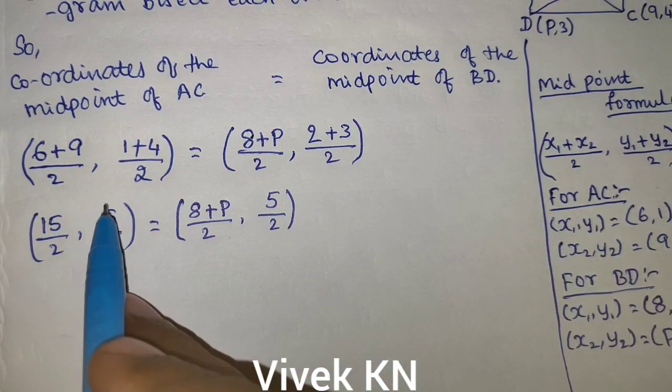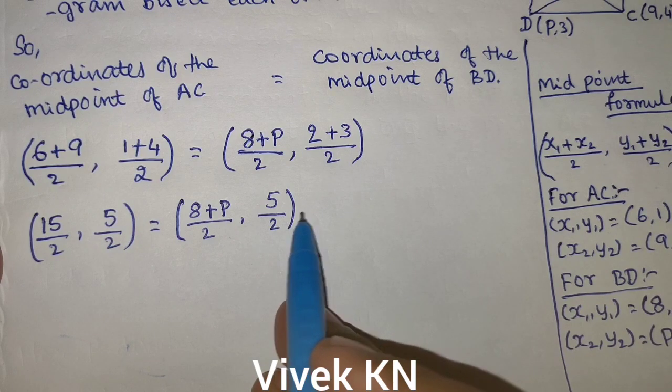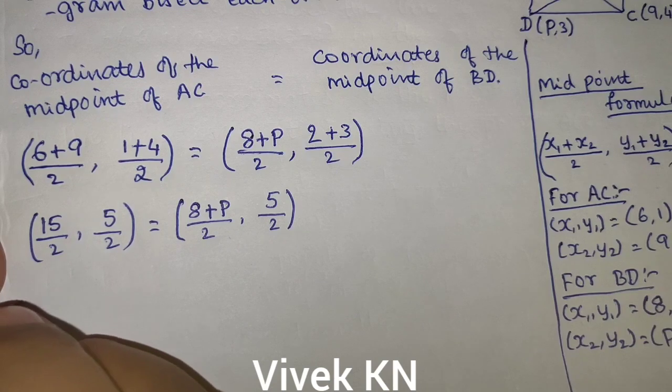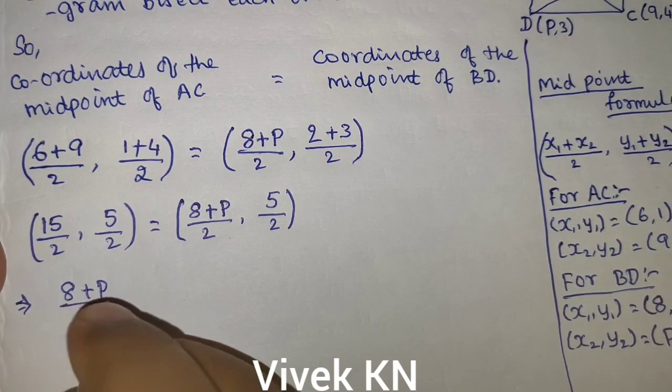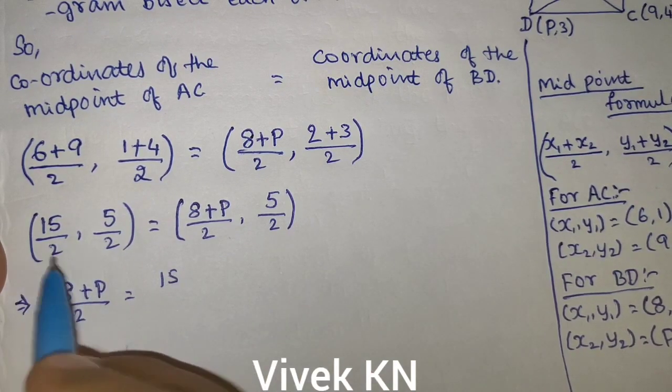Here the y coordinates on both sides are equal, so we have to equate the x coordinates of both sides. That is, 8 plus p divided by 2 is equal to 15 by 2.